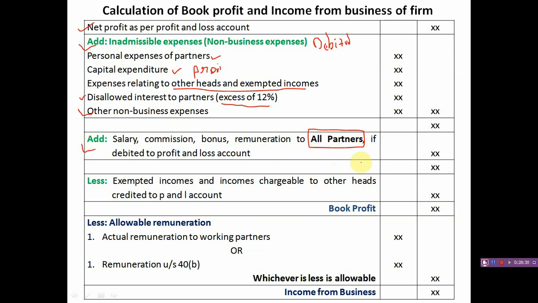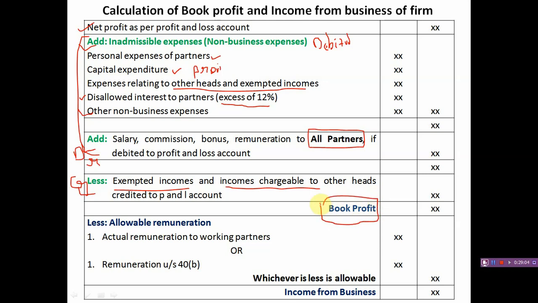Then deduct the exempted incomes and the incomes chargeable to other heads which are credited to the profit and loss account. So these are the items debited to the profit and loss account, which are to be added, and these are the items to be deducted. Then we will get the book profit.